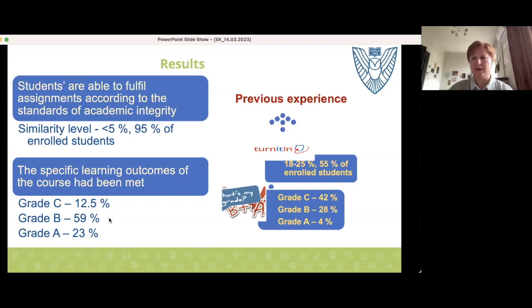At the same time, whereas with CyberPatient in the research line most students were evaluated at grade B, in the previous experience without CyberPatient it was only 28%, and only a few students were graded A. The shift was mainly toward grade C students.